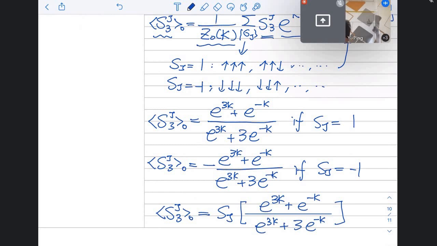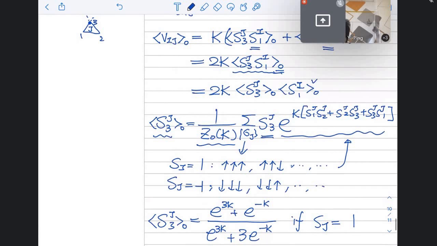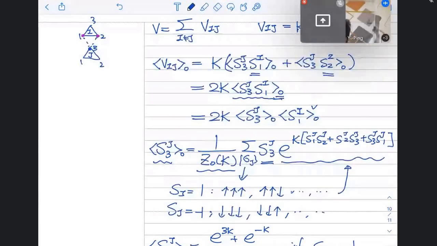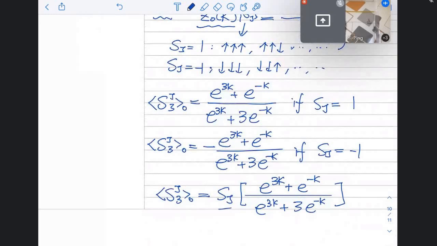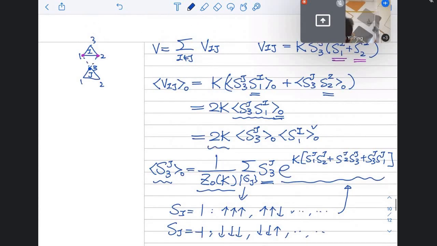So you can do the similar calculation for Sj1, but by intuition you expect exactly the same thing; all you need to do is replace this Sj by Sj. And remember, this Sj is the block spin. So what you are getting is actually quite interesting: this Bij, averaged over the Hamiltonian H0, you will get 2k, where this 2k came from this coefficient.